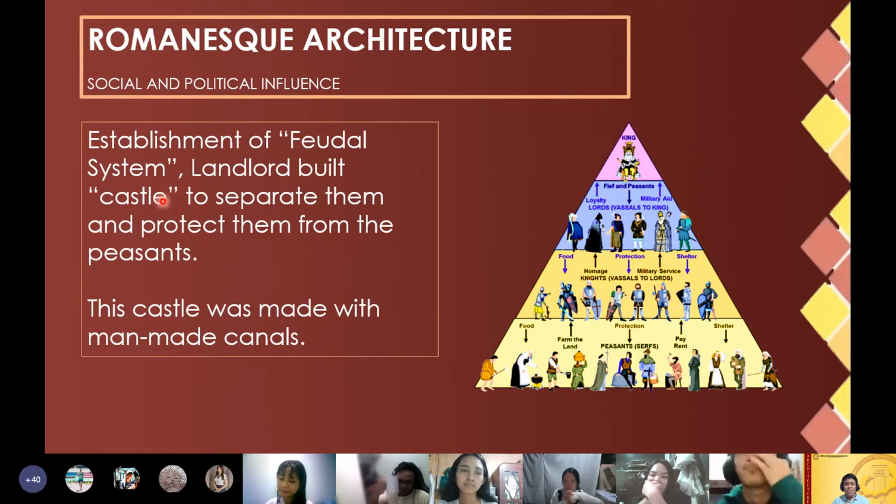Geography, geology, climatic. I haven't included the climatic yet. In climatic, there are two: the northern portion and the southern portion. In the northern portion, it rains and snows, and their time of day with daylight is short. So what they did was build steep roofing, their roofs are very steep, and large windows to admit the light.